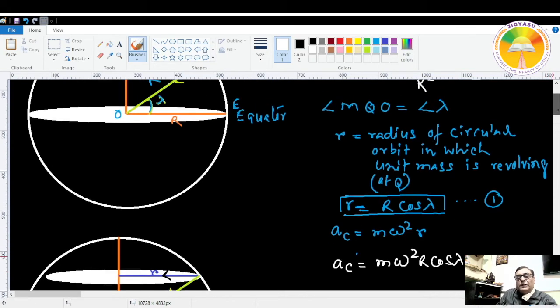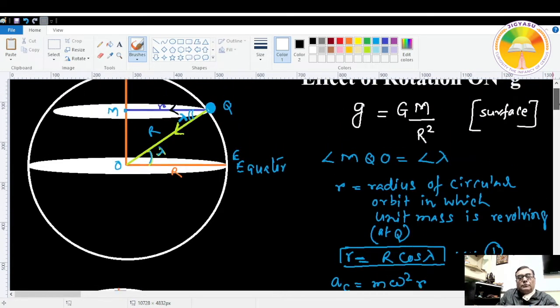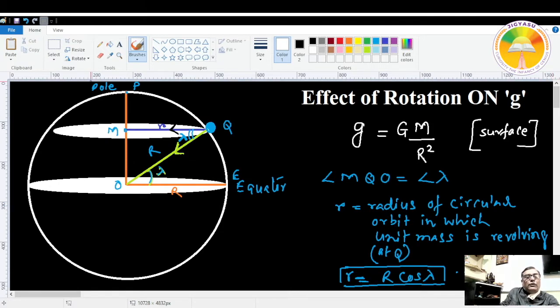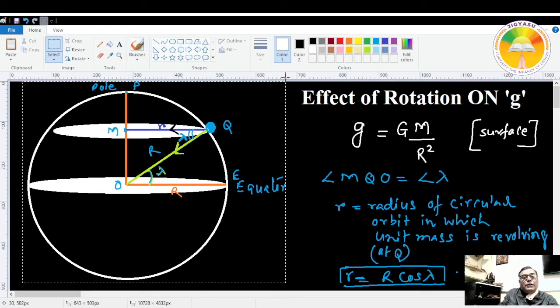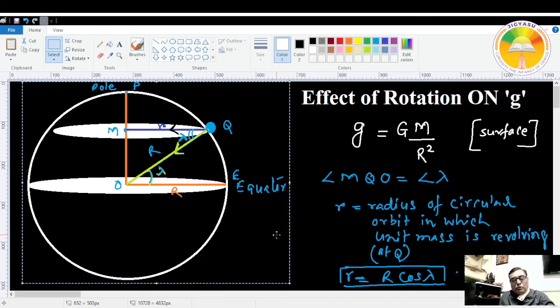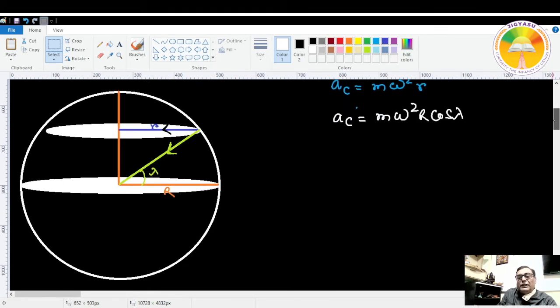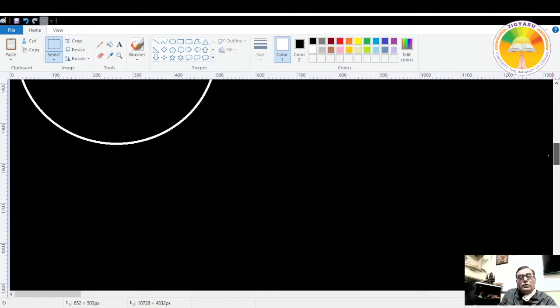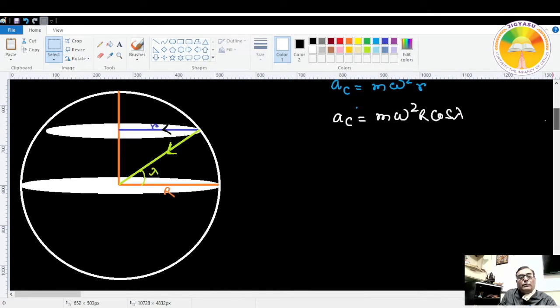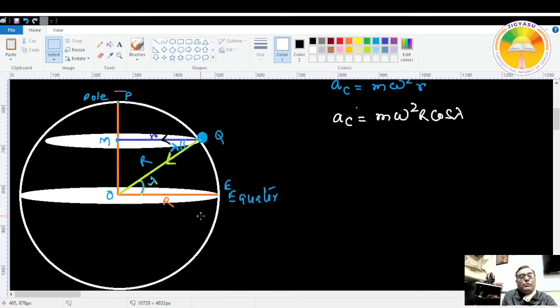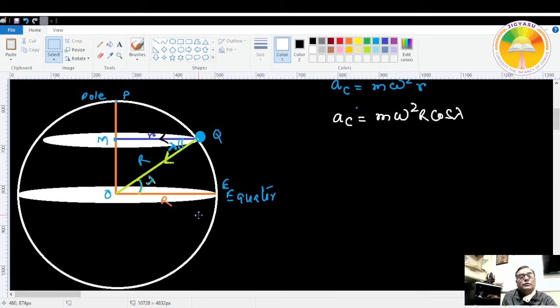Okay. Now you are aware that in case of circular motion, centripetal force is a must condition. That means in the absence of centripetal force, the particle or the object cannot revolve in a circle.